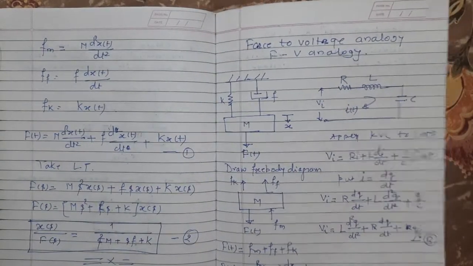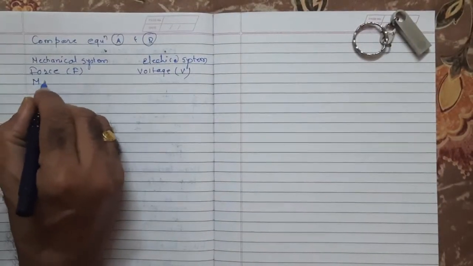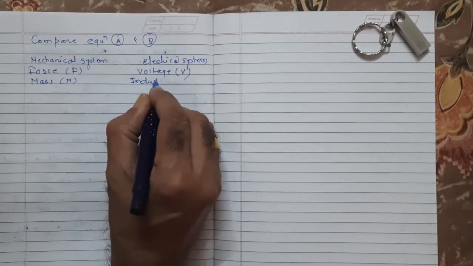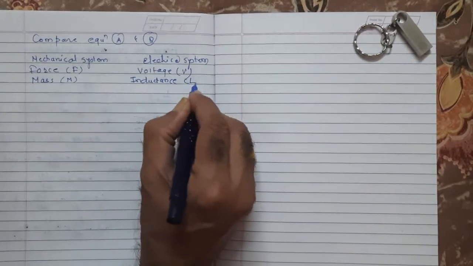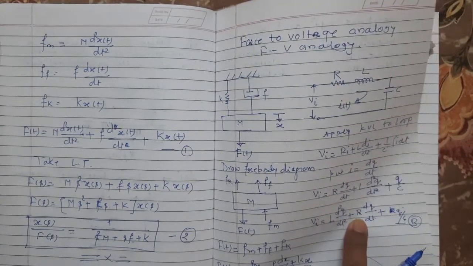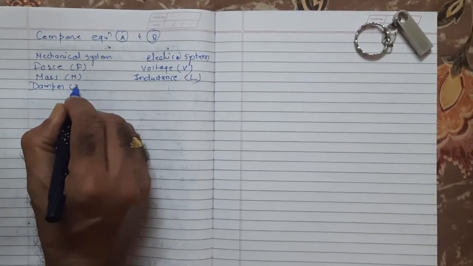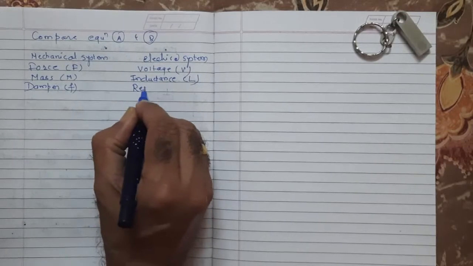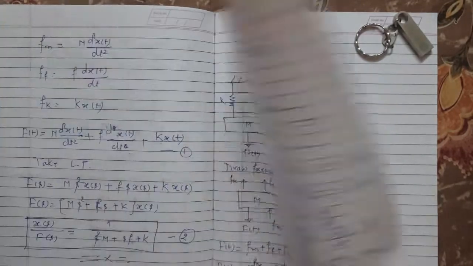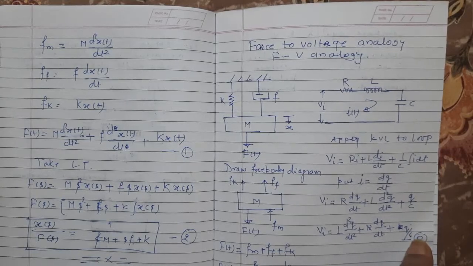Then here is mass M, and here is the inductance L. Then here is the damper, that is F, and here is the resistance R. Then here is the spring K, and here is the reciprocal of the capacitance, that is 1 by C.